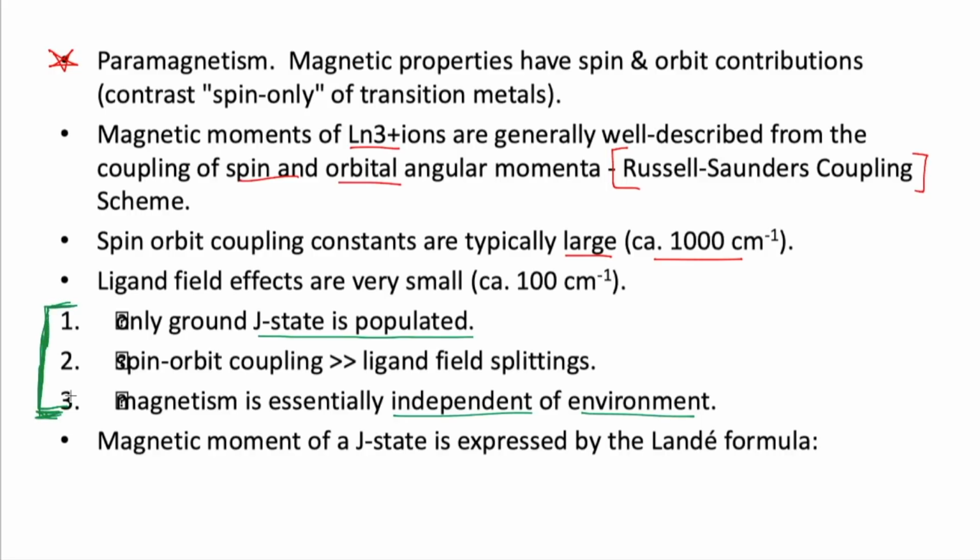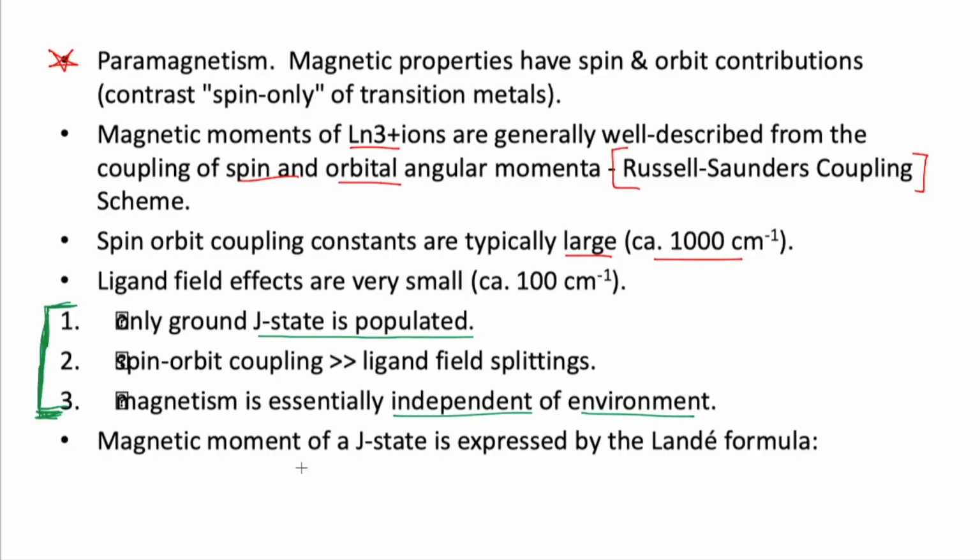That's why their magnetic moment is not calculated by the spin-only formula we used for the d block elements. Those formulas are not enough for these f block elements; you need a different formula.